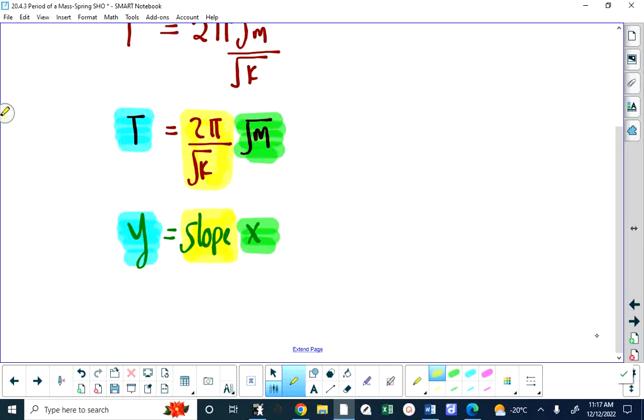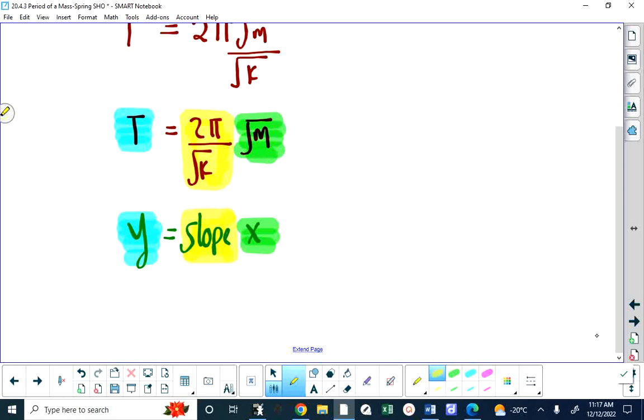We've done a few graphical analyses, but what I want to really continue to hammer away on here is that slope is not defined by y over x. It's not defined by y over x. Don't think of slope in physics as y over x, because it's not. It's delta y over delta x.